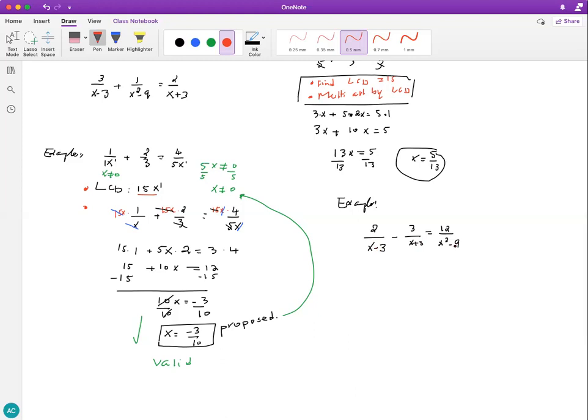Just think about what we did last time when we found the common factor. That's right, we need to factor first. Here we didn't have to factor because it was just monomials. But here we have some binomials, so we're going to factor to find the LCD. Factoring is important, especially when finding the LCD.